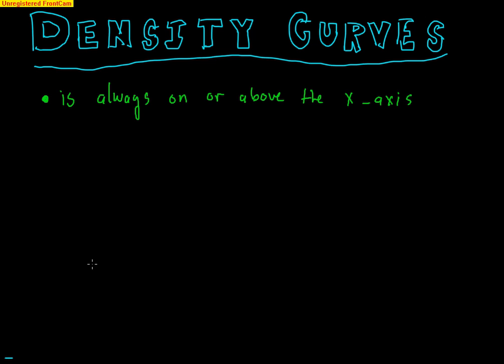Okay? And the other important aspect of a density curve is that it has area exactly 1 underneath it. So when we're talking about a density curve, there's an area of exactly 1 underneath it.